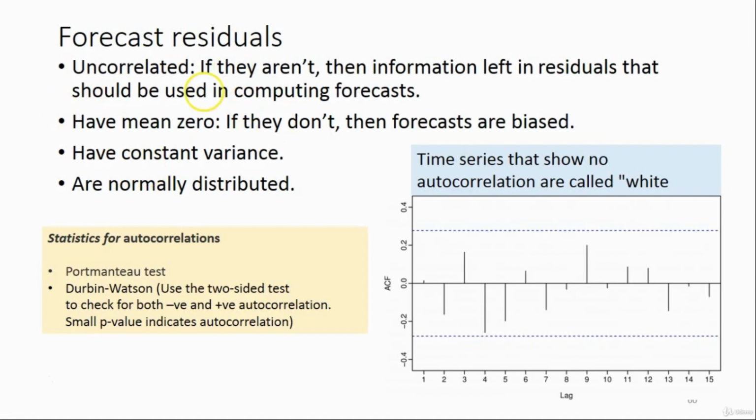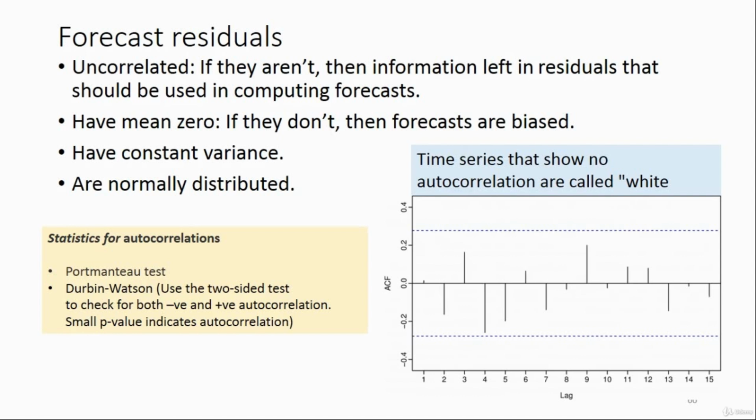They should be near the mean of 0: both plus and minus residuals should be almost equal. Constant variance: above and below 0 it looks almost the same. And normally distributed, that is the fourth point. If the residual follows these, it means you have got a very good forecasting model.